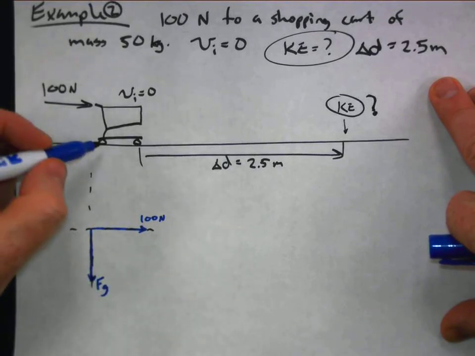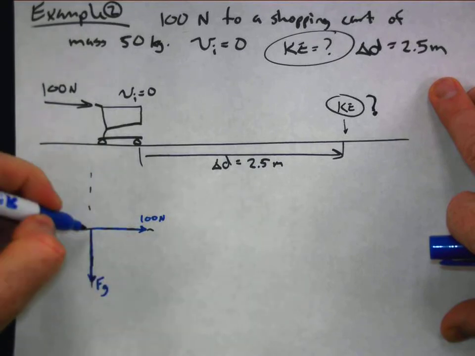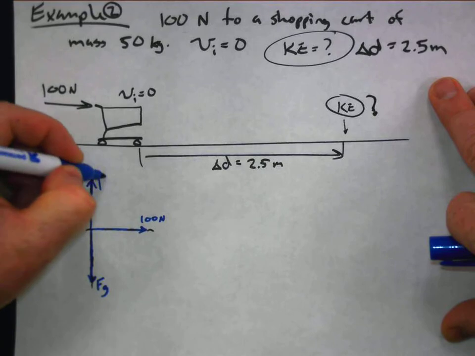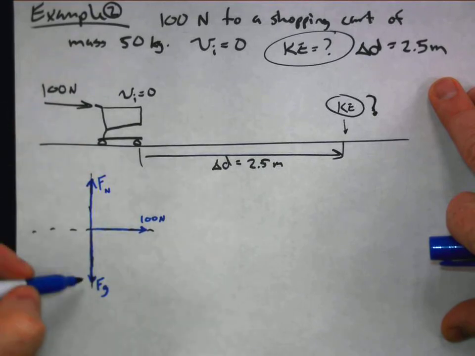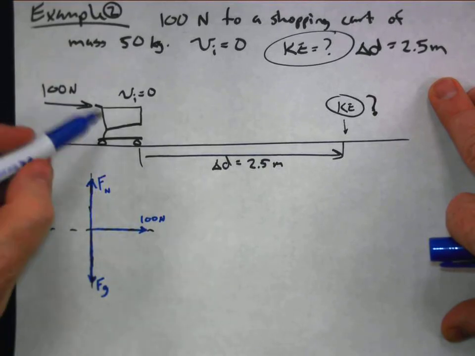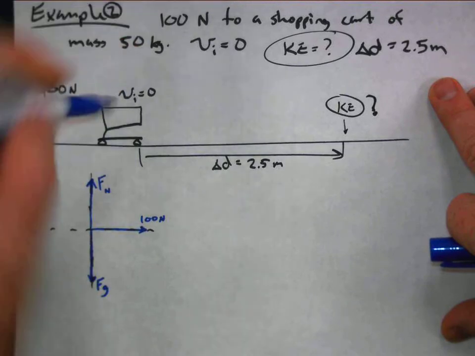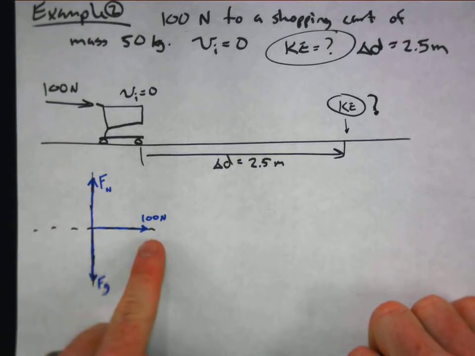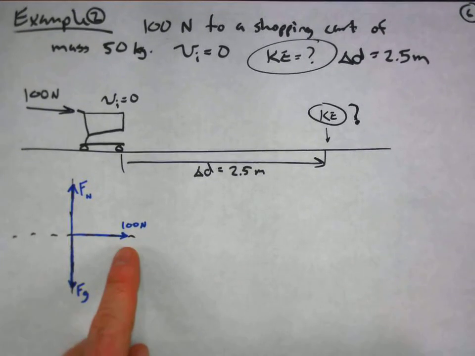But the thing is, there's a normal force. The floor is pushing up on the cart, and I know that that should be equal to the weight, because there's no acceleration up or down. The cart is not accelerating down into the ground or up into the sky, so there you go. These two cancel, and that's the only one left uncanceled.